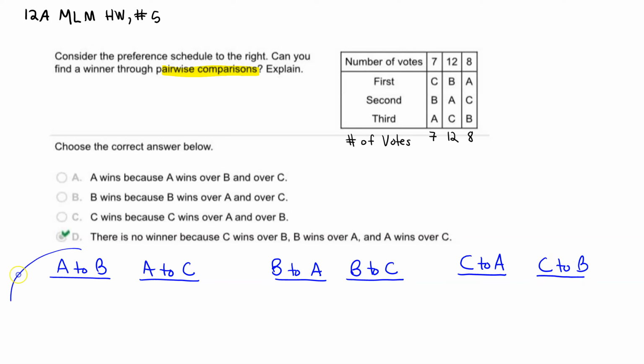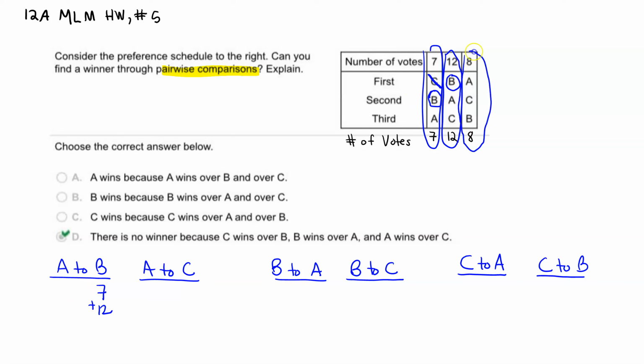Okay, so let's start over here with comparing candidate A to candidate B. So in my first column, candidate B outranks candidate A. I'm ignoring candidate C right now. So since B is ranked higher than A, B is going to get those 7 votes. In the next column, B is ranked higher than A again. So B is going to get those 12 votes.